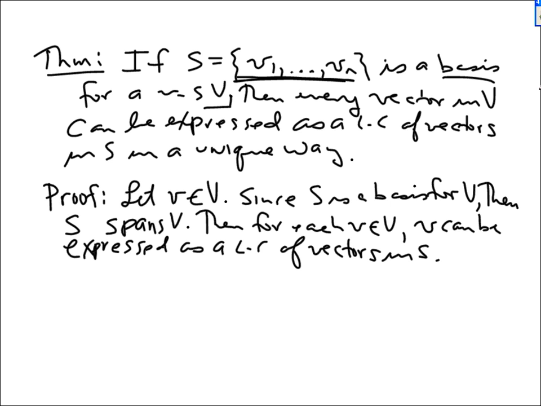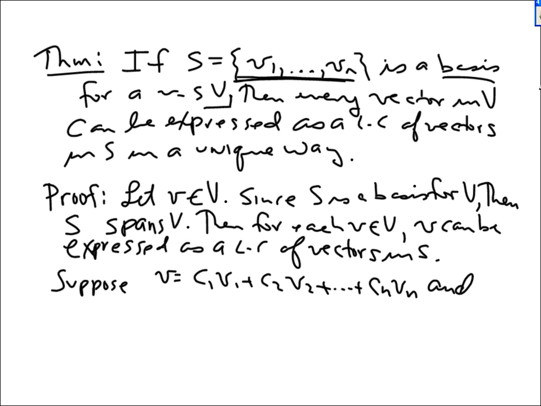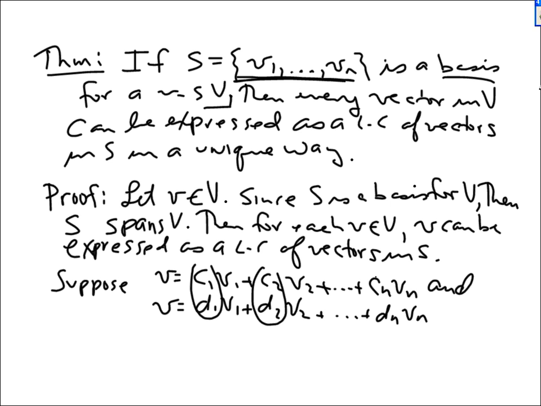Now, suppose there's multiple ways of doing that. Suppose little v is C1V1 plus C2V2 all the way up to CnVn, and little v is D1V1 plus D2V2, etc. up to DnVn. Now, I want to show that these coefficients are equal. That is, they're not two different linear combinations. Let's subtract.